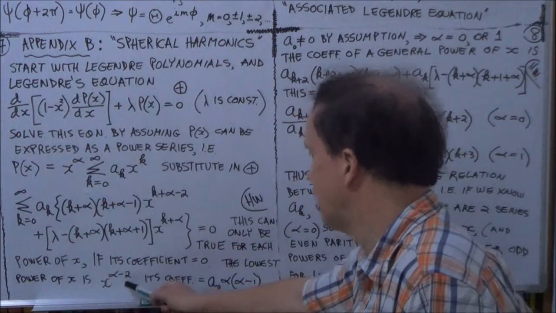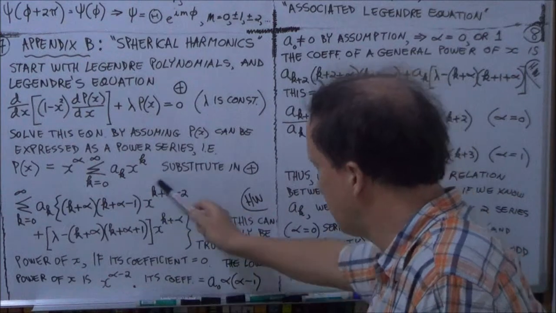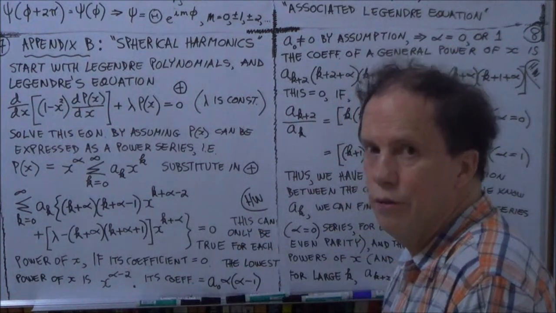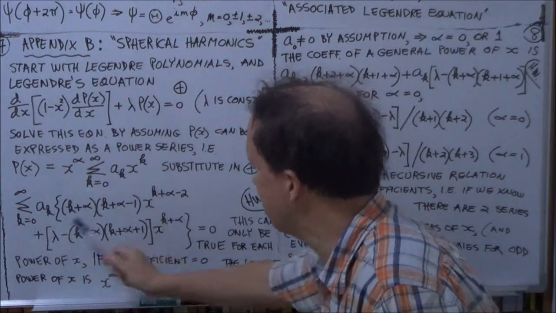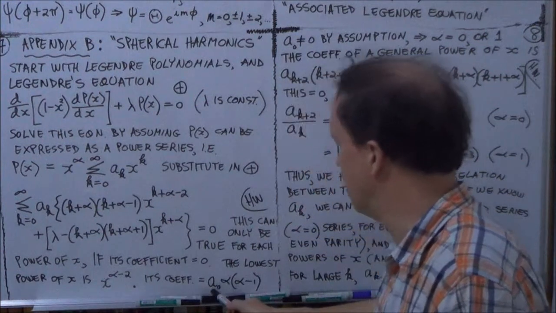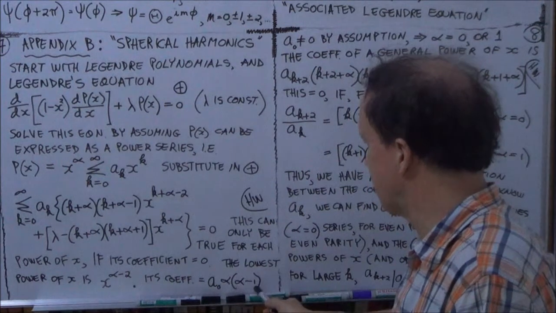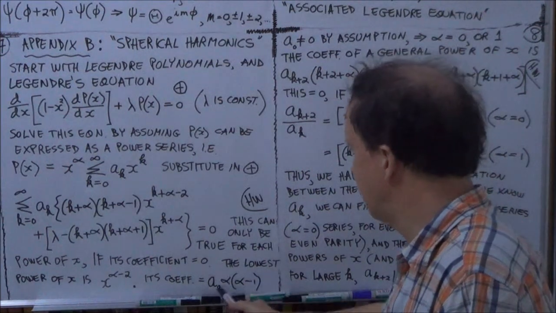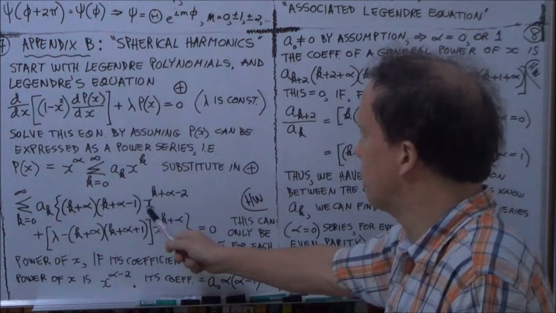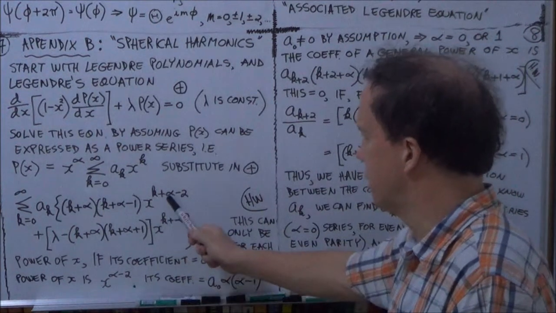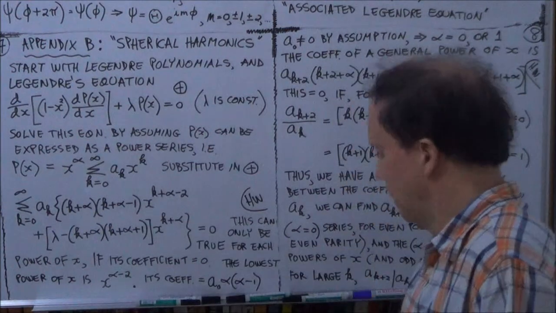And when k is 0, what is its coefficient? Well, you have a naught, because k is 0, times alpha into alpha minus 1. So that is your coefficient for the smallest power of x, which is alpha minus 2, which is when k is 0. Okay?